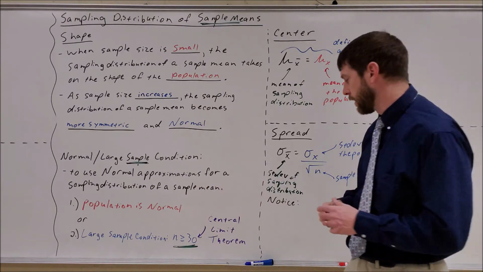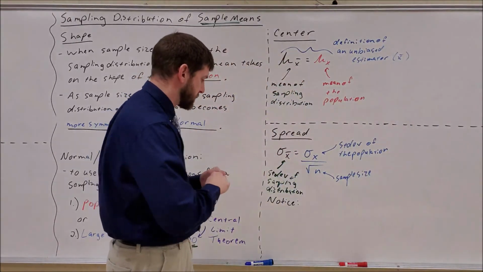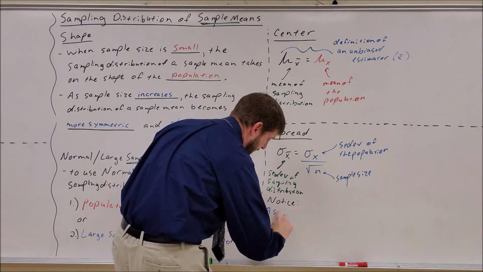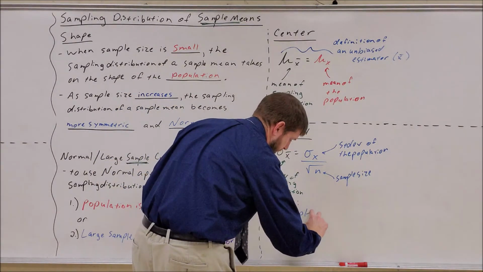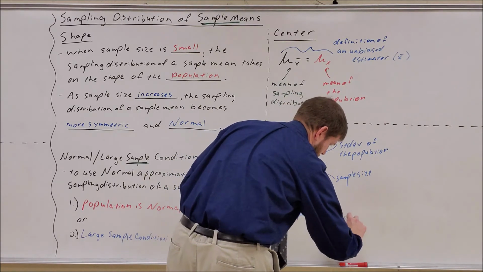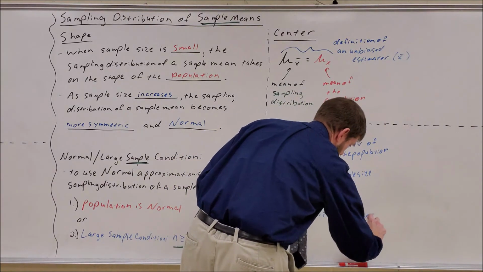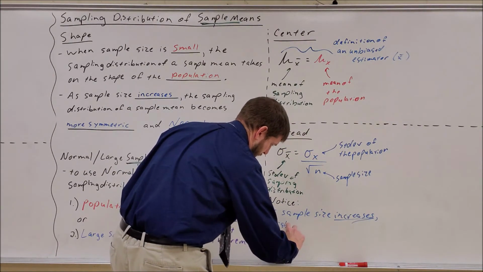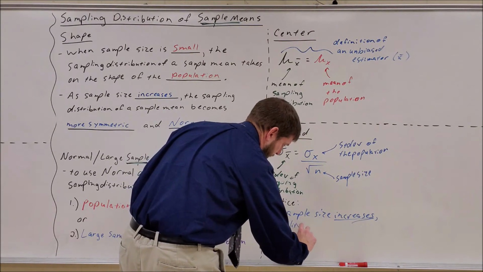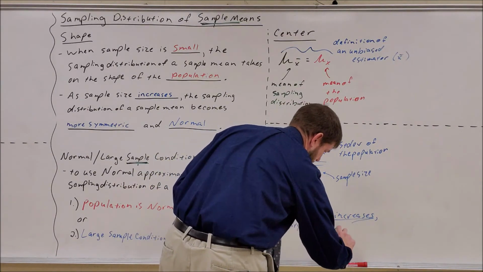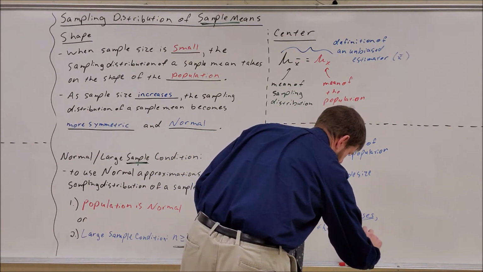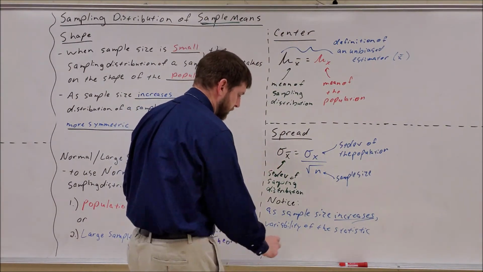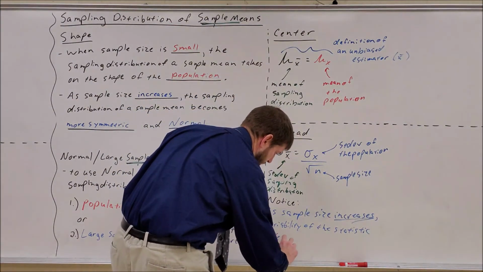So that's a good idea that we want to have in mind with all statistics, all measures that we're taking. As sample size increases, variability of the statistic, that's the standard deviation of that statistic, decreases.